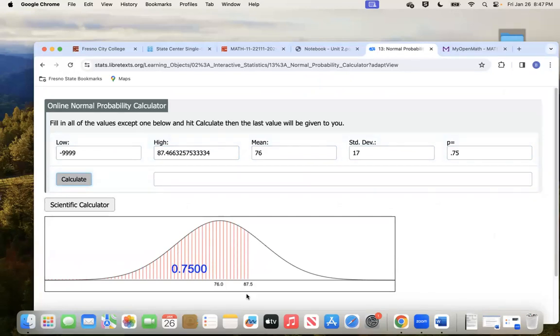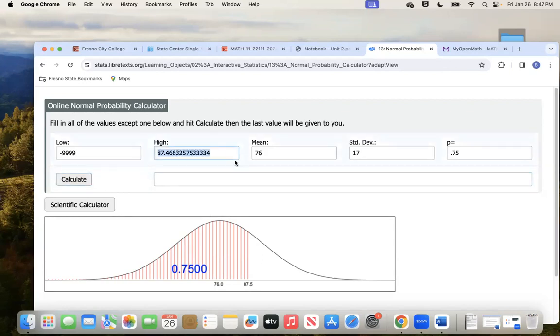So that's people that spend 87.5 minutes or less in the hot springs, they're in the bottom 75%. They're up to the 3/4 mark. People that spend more than that are in the top 25%, is what that is saying. So there's our Q3 number, 87.5, or more specifically 87.4666, whatever.